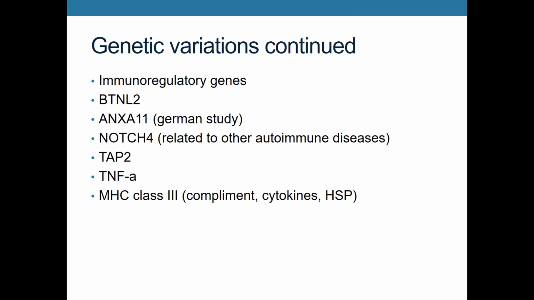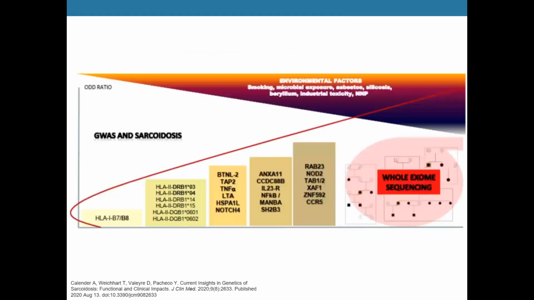area with the genetics. So, with further understanding of immunoregulatory pathways, there have been genome-wide association studies and genetic studies looking at new genes and new pathways. New SNPs and other mutations have been found.